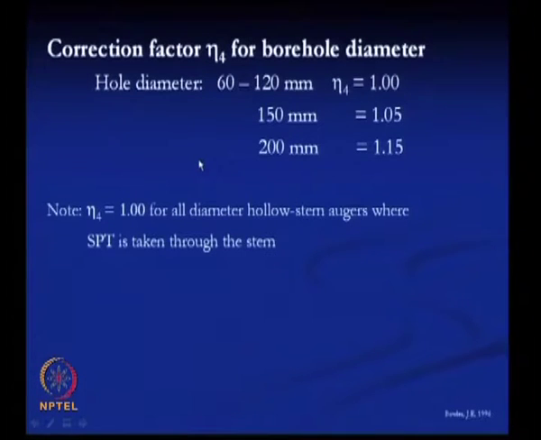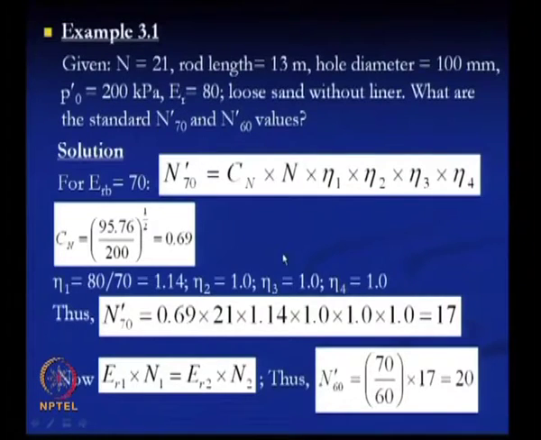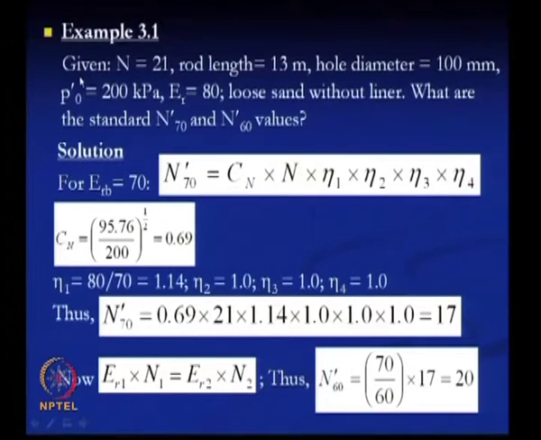Now, if we want to solve one example, then we can understand how to apply these corrections and how to calculate the corrected N value from the measured N value. Suppose the measured field N value is 21, the rod length is 13 meter, the borehole diameter is 100 millimeter, the effective overburden pressure is 200 kPa, and the energy ratio is 80.